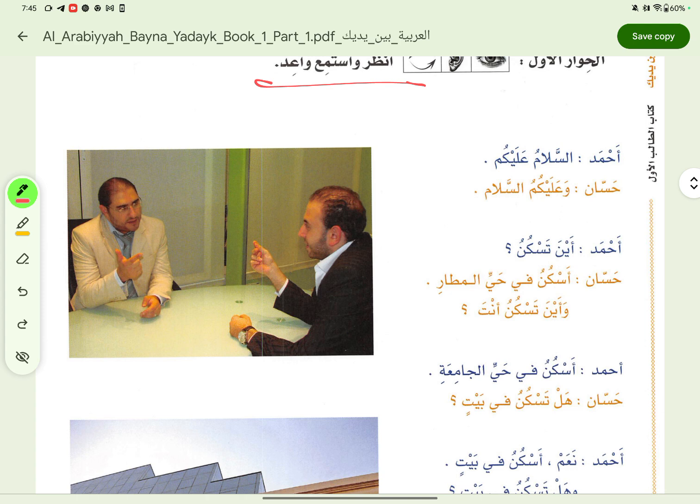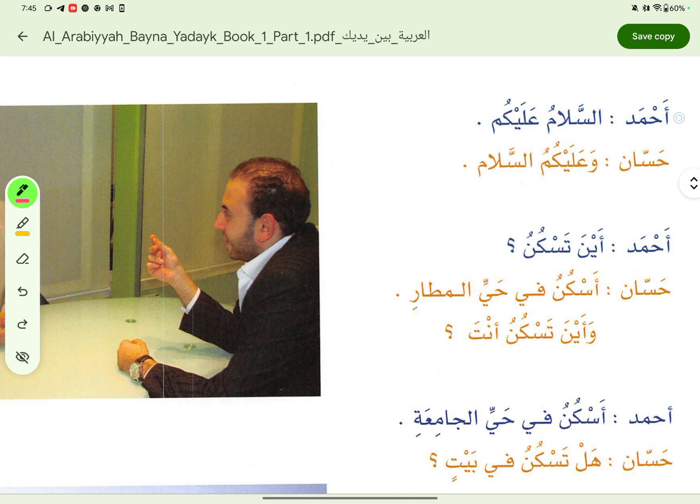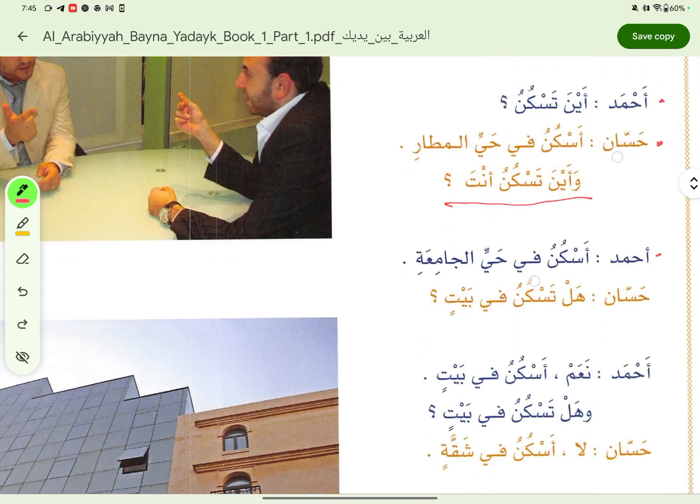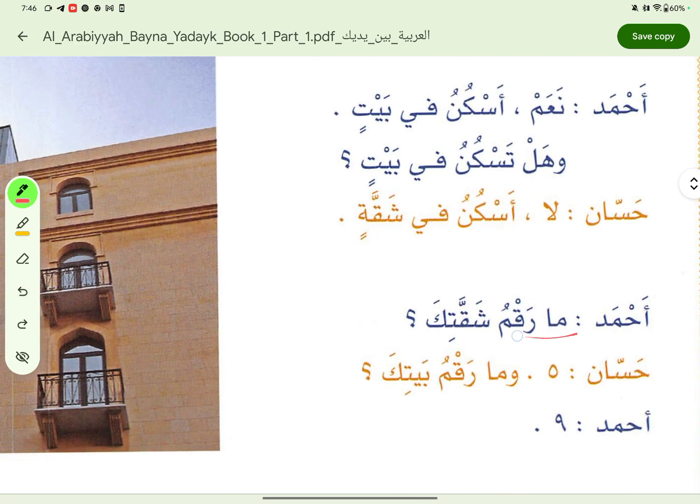Alright, go back. انظر واستمع. السلام عليكم. وعليكم السلام. أين تسكن؟ أسكن في حي المطار. وأين تسكن أنت؟ أسكن في حي الجامعة. هل تسكن في بيت؟ نعم أسكن في بيت. وهل تسكن في بيت؟ لا، أسكن في شقة. ما رقم شقتك؟ 5. وما رقم بيتك؟ 9.